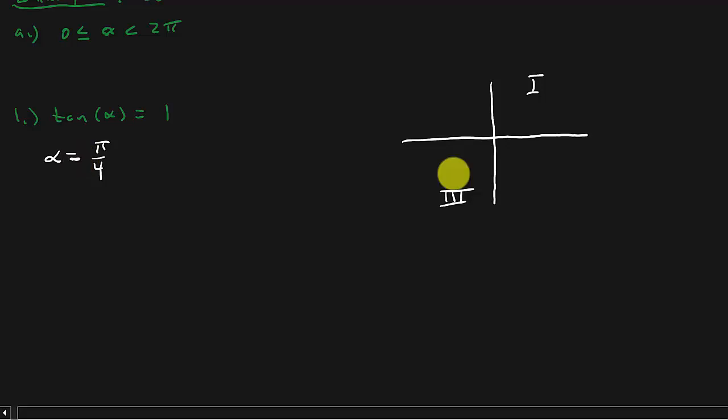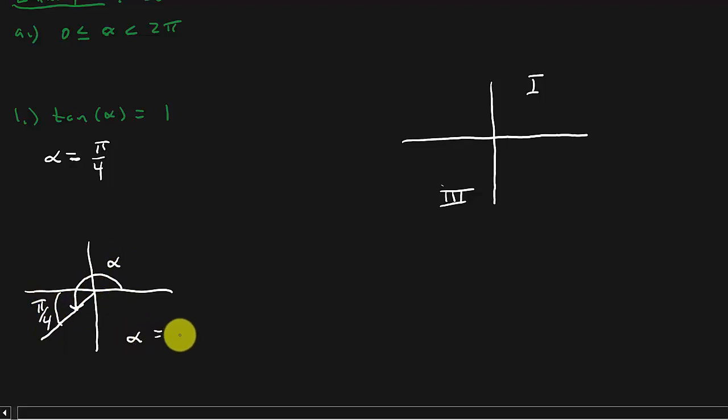All right, now let's find our third quadrant solution. So there's alpha, and there's pi over 4. So I'm going to get alpha is equal to, we're going to go to pi and then add on the pi over 4. And so that is 5 pi over 4.